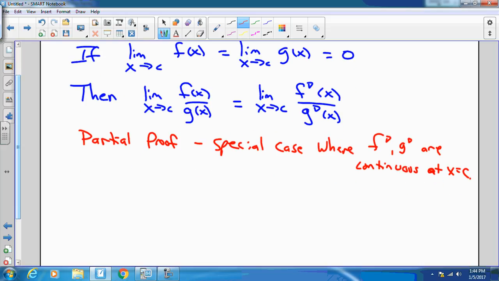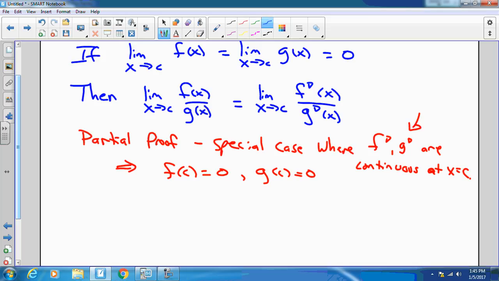And so that means if f prime and g prime are continuous at x equals c, then our condition that the limit of f and the limit of g are equal to 0 really comes down to f of c equals 0 and g of c is equal to 0. So this condition implies that f and g are both continuous at c, which means that the values of the functions equal the value of the limit, which is 0.